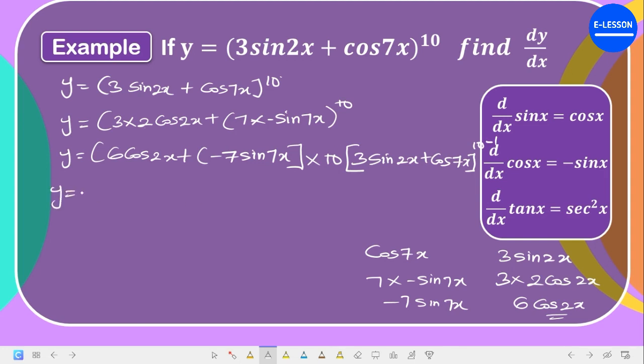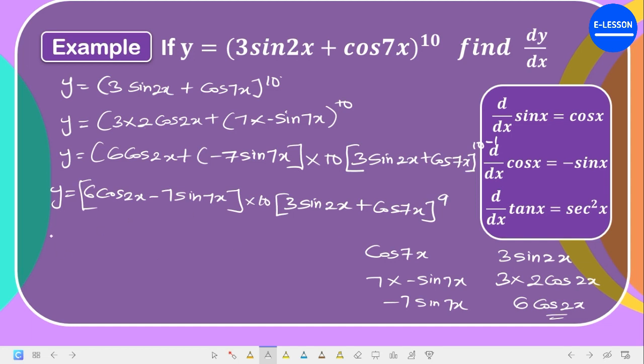So y will be equal to 6 cos 2x, plus times minus is minus 7 sine 7x, then this times 10 will give us everything in the bracket, write everything again, which is 3 sine 2x plus cos 7x. 10 minus 1 is 9.